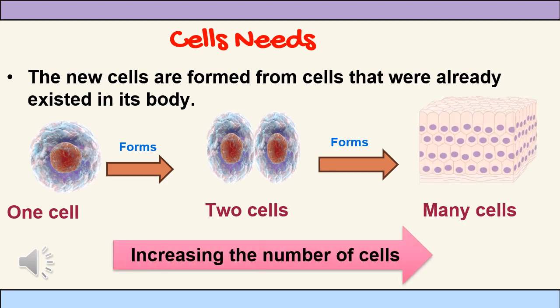Look at this picture. Can anyone tell me how the living organisms grow? Super, by increasing the number of the cells. So if we have one cell, this cell is divided into two cells, and these two cells are divided into many cells, and so on.